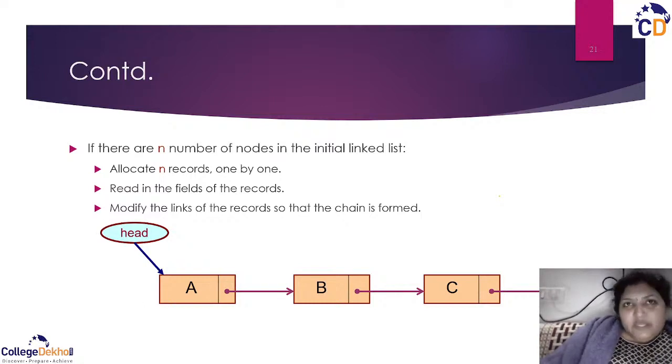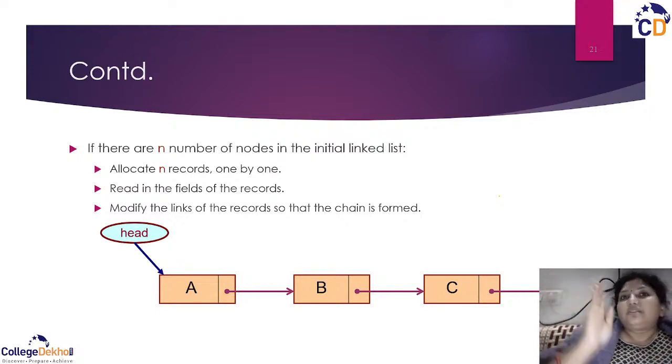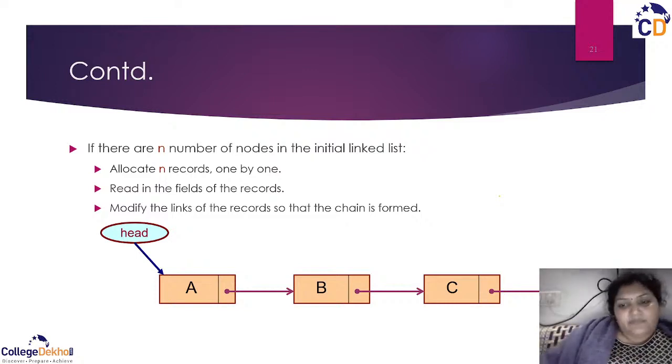The elements can be accessed if we find the address of the first node. If we know the first node, we can find the other elements of the list. Whereas in arrays, if we want to access any element, we use the index, the subscript of that array, and then we can access the list.